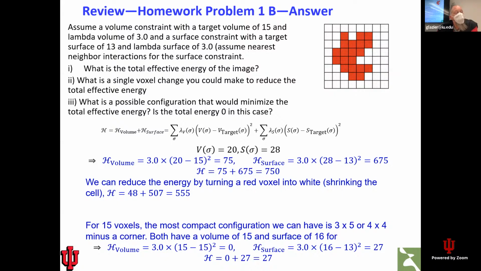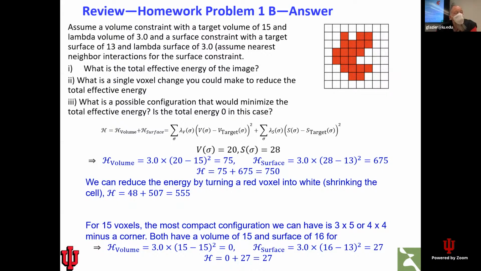And so if I have 15 voxels, the most compact configuration I could have would be a 3x5 brick or a 4x4 square with a corner chopped out. A 4x4 with a corner chopped out has a perimeter of 4 times 4, which is 16. Chopping the corner out doesn't change it, so the perimeter is 16.